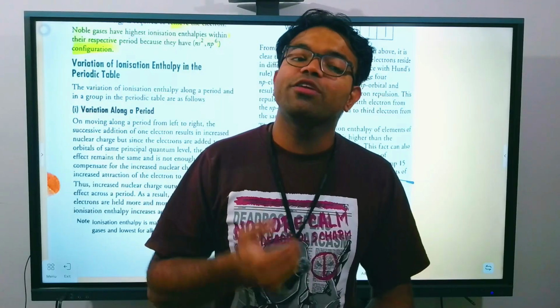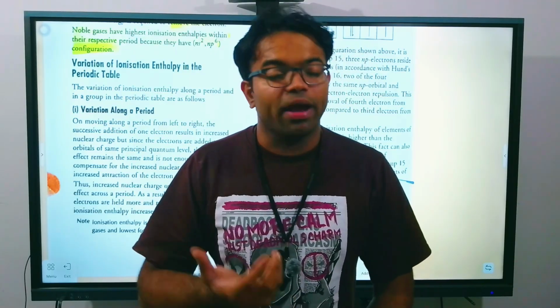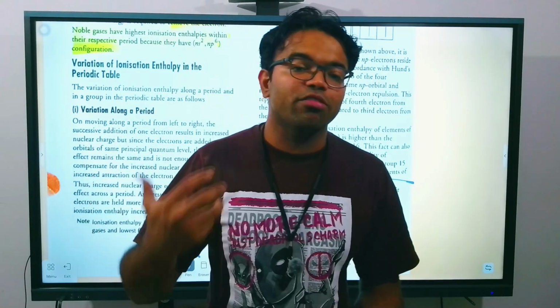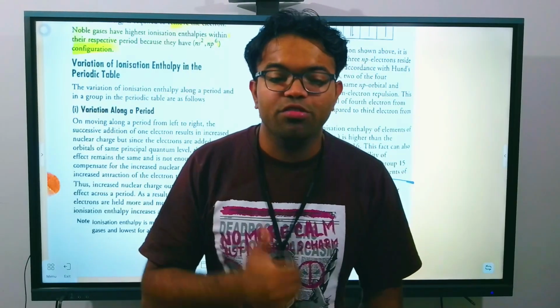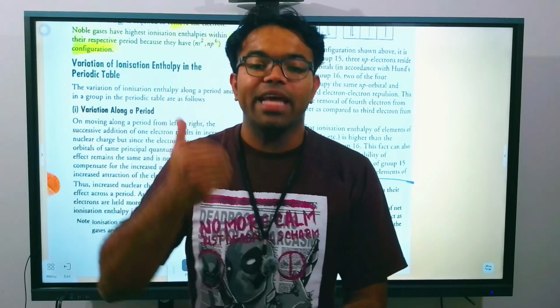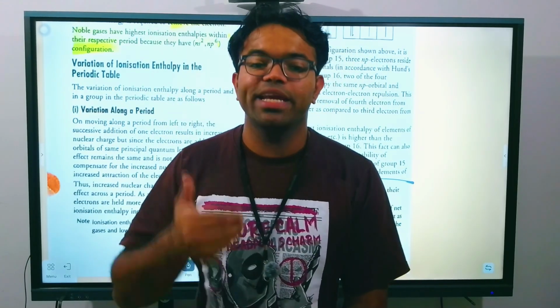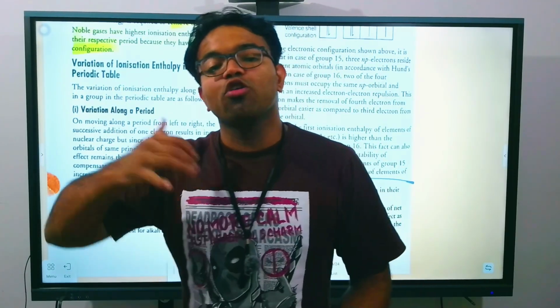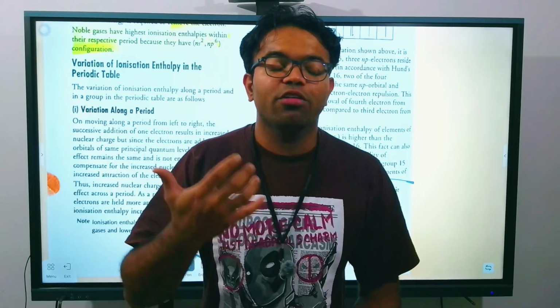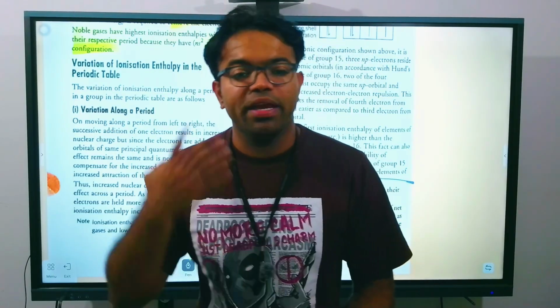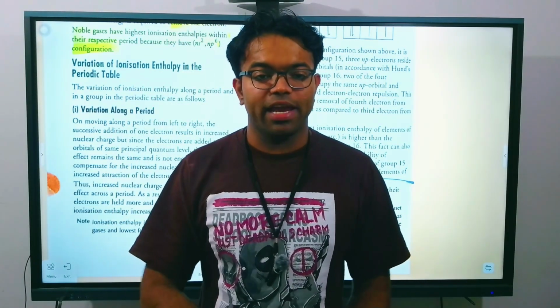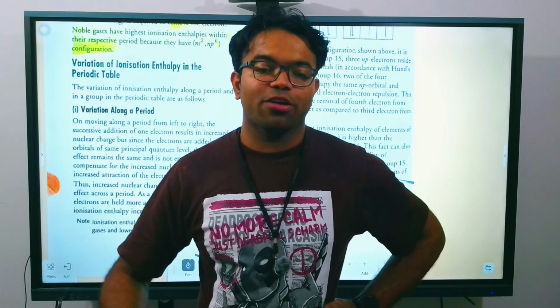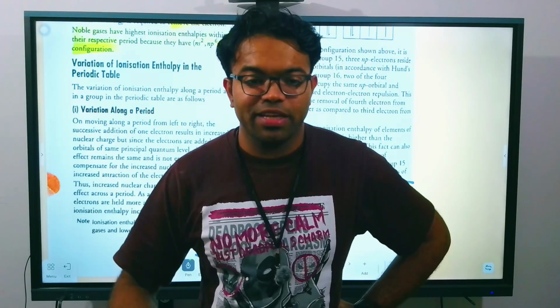So now by removing an electron, you are trying to destroy the stability. And since you are trying to destroy the stability, the ionization enthalpy actually increases. For group 16 elements, the electronic configuration is ns2 np4.